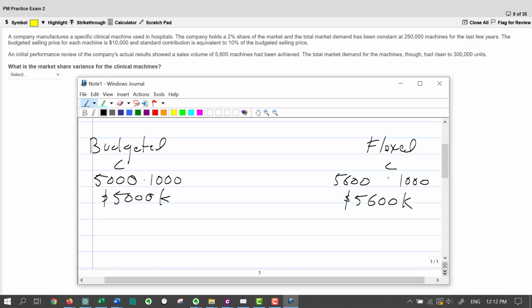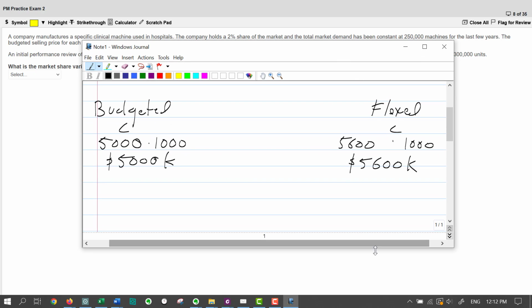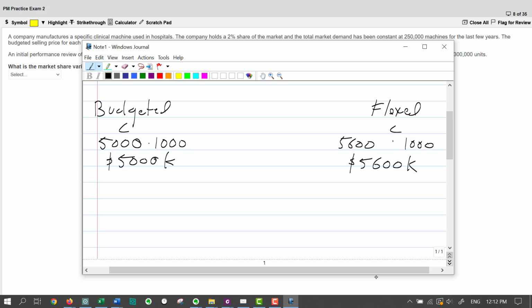So comparing these two figures gives me a sales volume variance of 600,000, right? Profit is 600,000 higher because we sold 600 more machines.